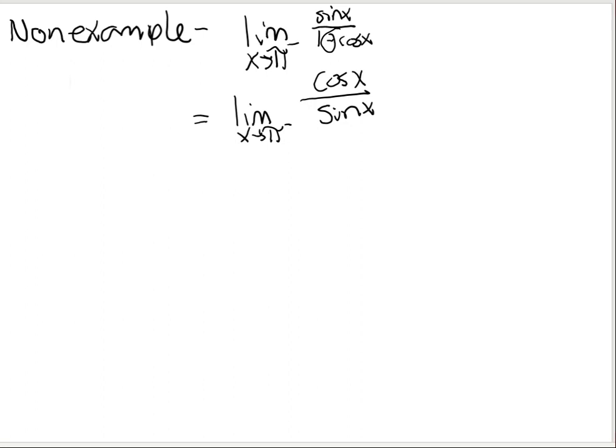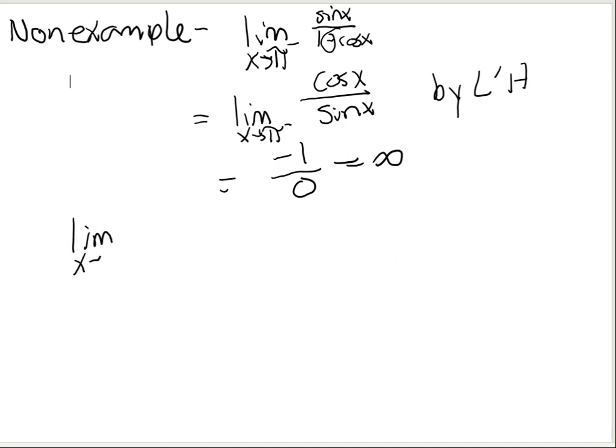And then if I plug this in, cosine of pi is -1. Sine of pi is 0. Gives me infinity. But if I take the original one and evaluate it, instead of just jumping the gun here, what do I get?